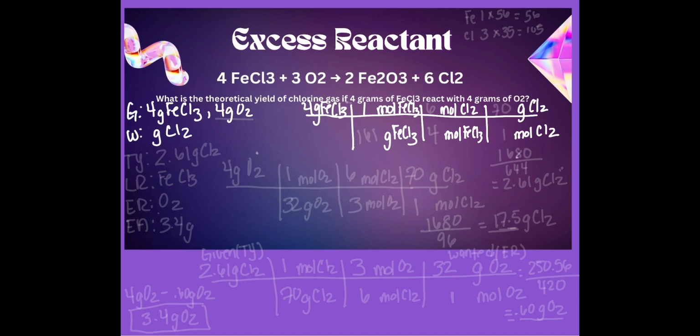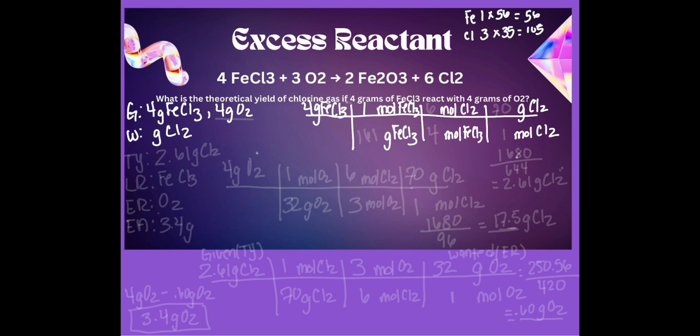Okay, now, I know that when I have mole over gram, my mole is always 1. And when I see that I have the unit grams, I have to find the molar mass. So I have to separate Fe and Cl. I have 1 Fe and 3 Cls. My atomic mass for Fe is 56 and my atomic mass for Cl is 35. So I have 56 and then I have 105.